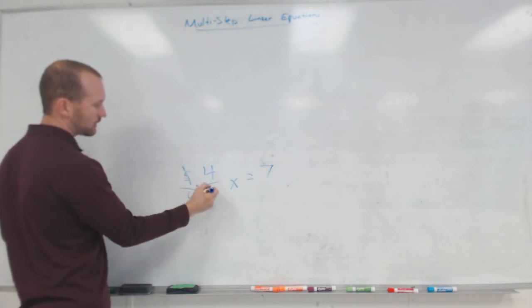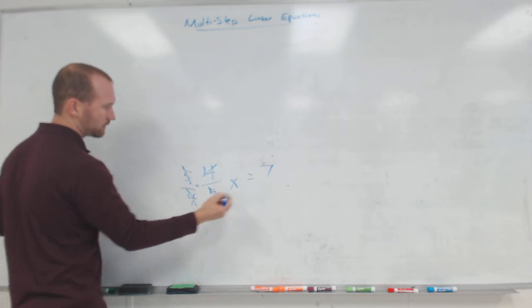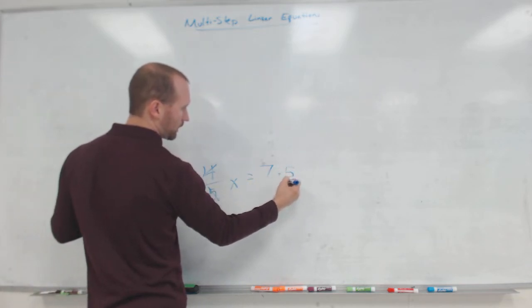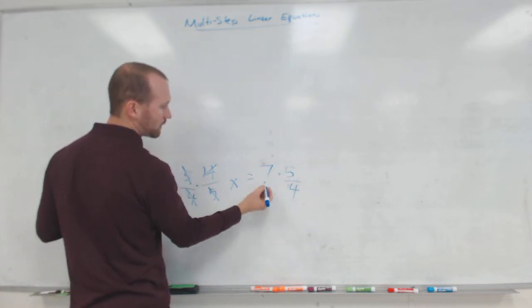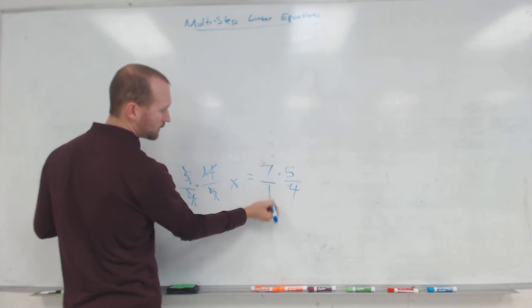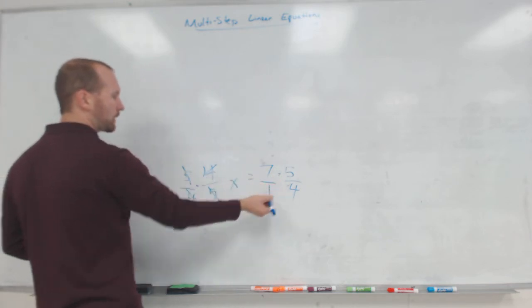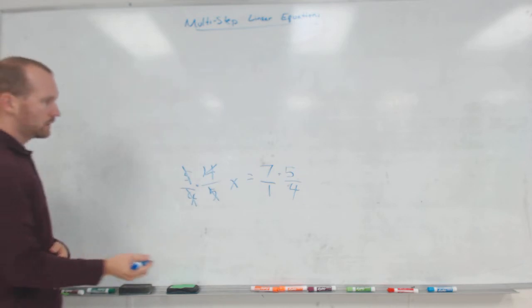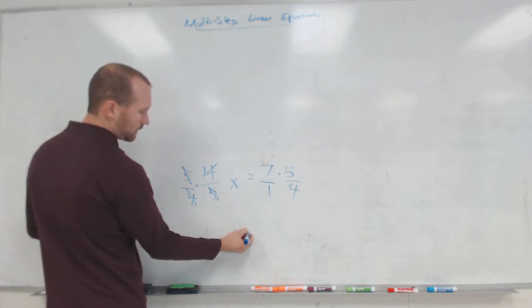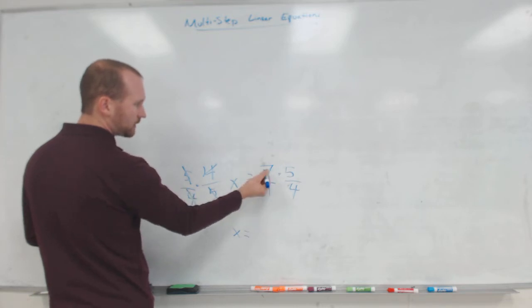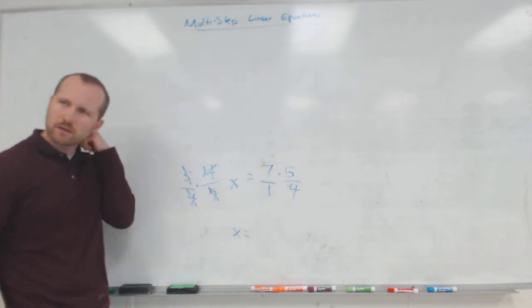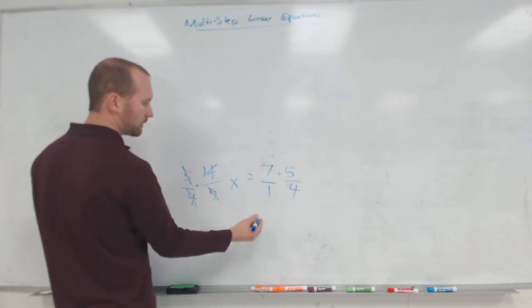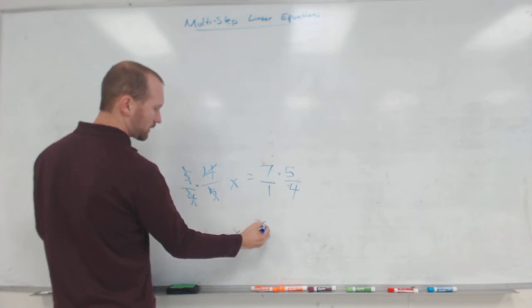That's going to cancel here, and probably you're going to want to write 7 over 1 to help you remember to multiply the top and multiply the bottom. So I have x equals, is there any canceling I can do from the top to the bottom? No. So I'd have 7 times 5, which is 35/4.